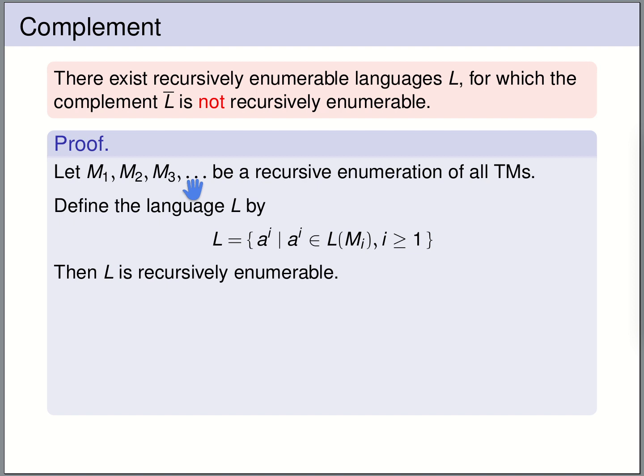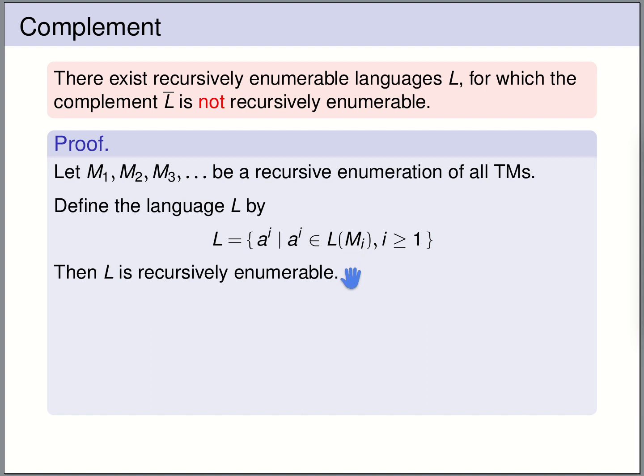Now we have the machine Mi, and now we can run a universal Turing machine that simulates Mi and that checks whether a to the power i is accepted by Mi. And if it is accepted, then our Turing machine accepts the input.